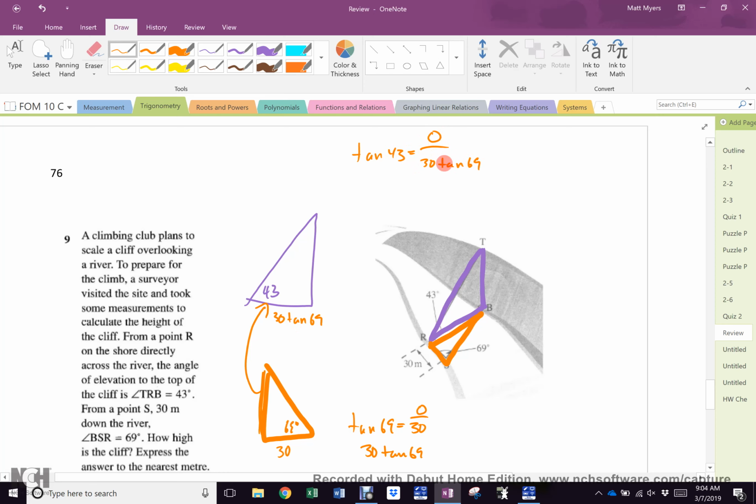I got this on the bottom, so it's 30 tan 69 times tan 43 to equal our height. And I think it's 72.88.